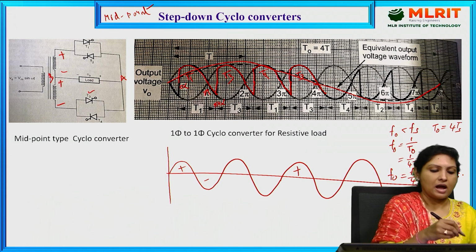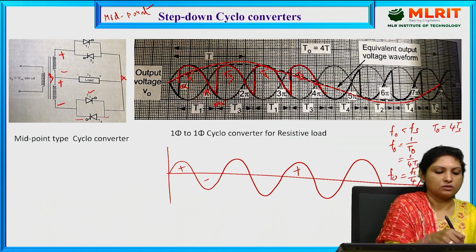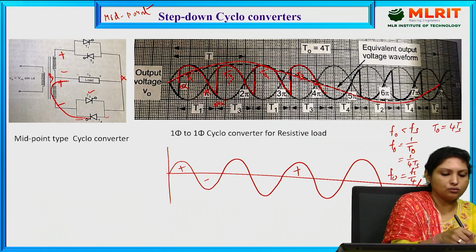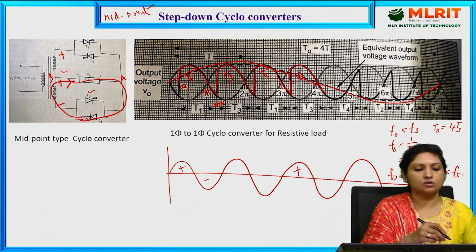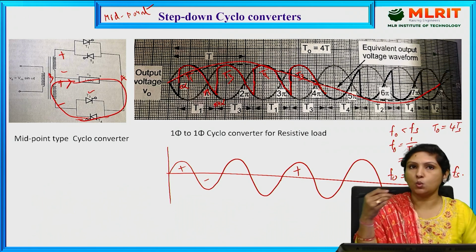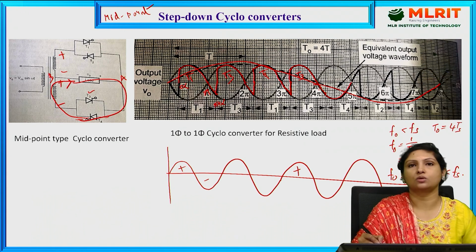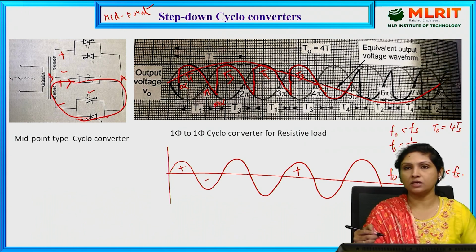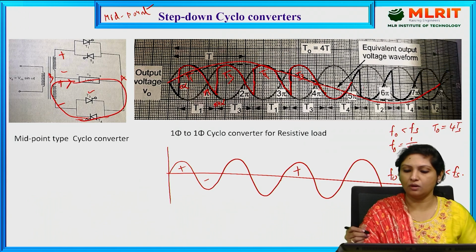For that, I need to provide triggering pulse for T4 such that it conducts current through the load in the reverse direction to that of the previous case. So current is flowing from B to A, and that is the only reason the negative half cycle of the output voltage is controlled, obtained because T4 is conducting.